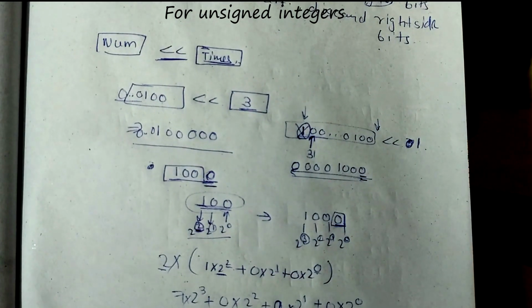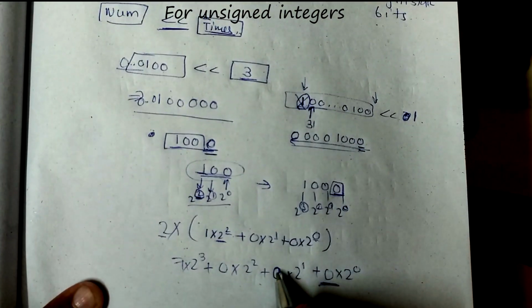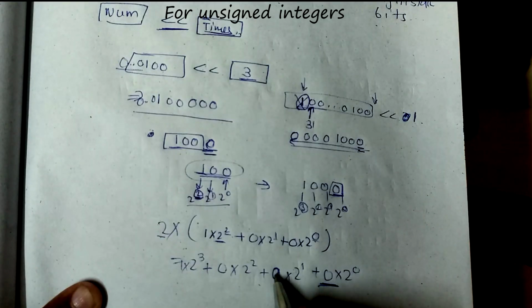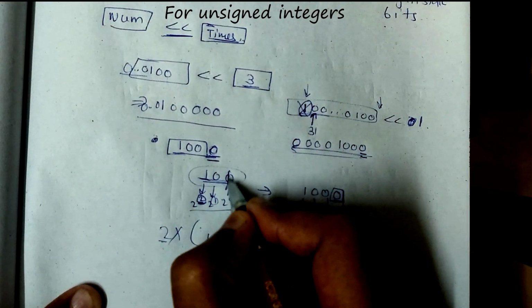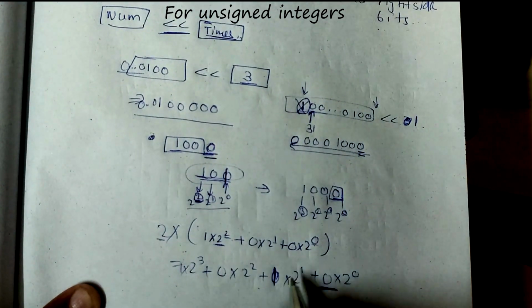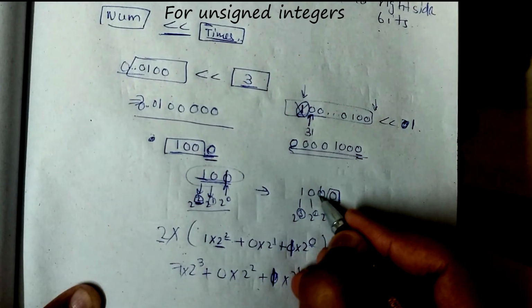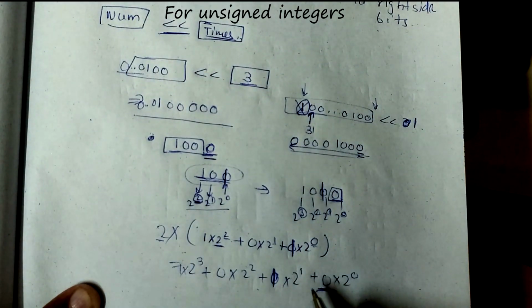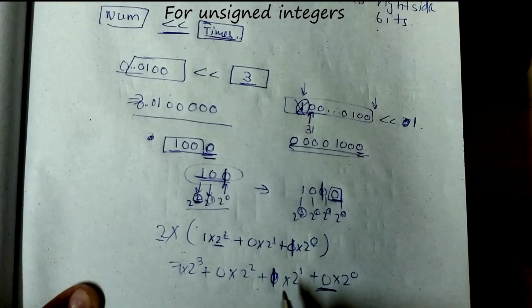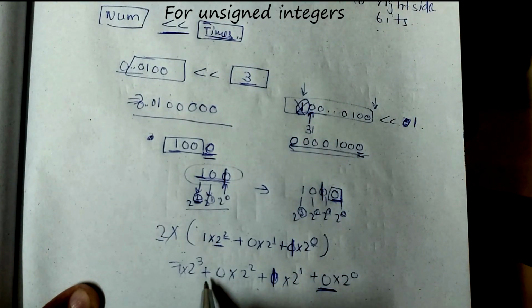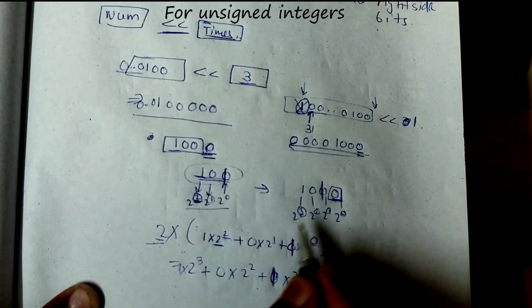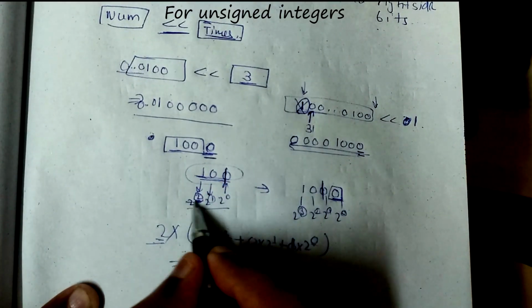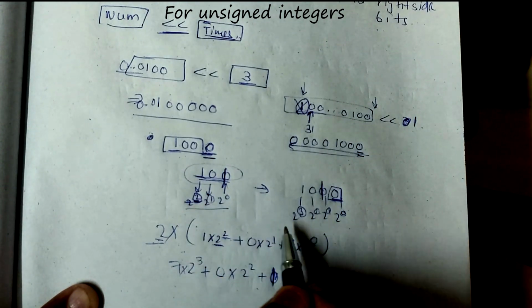Even if, let's say, this bit was 1. Suppose this was like this, 5. So this bit was 1. We added a 0 at the end. So this got multiplied, and each power got increased by 1. When we shifted, each power got increased by 1.